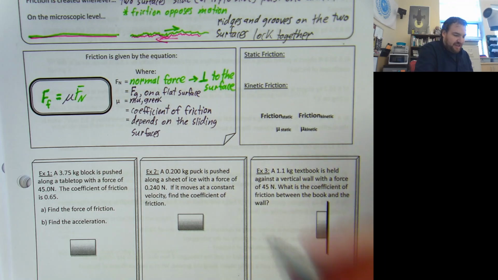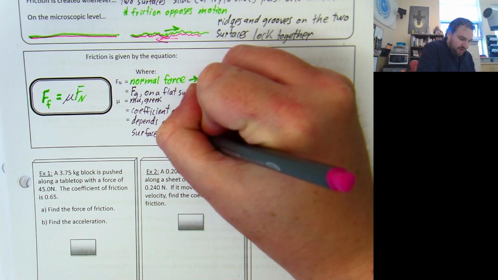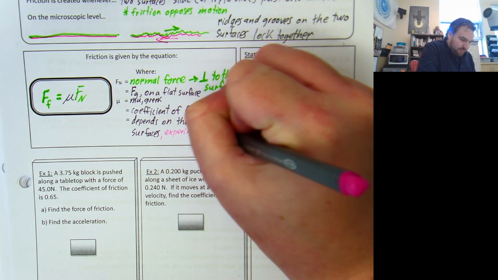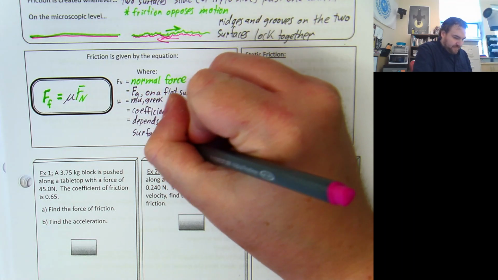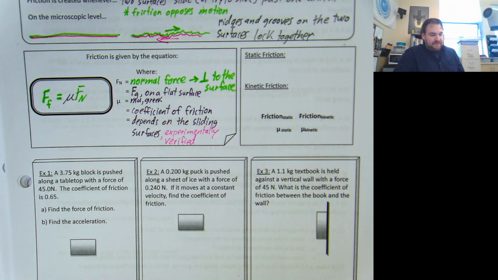And each one of these things has been experimentally verified. Someone somewhere found it out. And it's not actually that hard to do. You guys are going to do it for me.